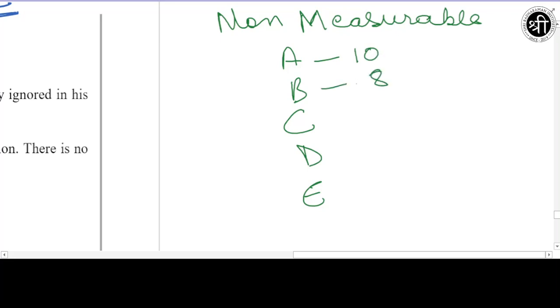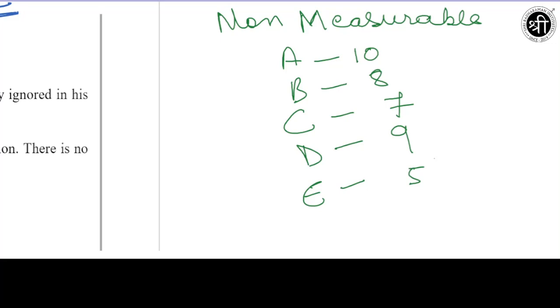B got 8 out of 10, C got 7 out of 10, D got 9 out of 10, and E got 5 out of 10. He did the worst. So we cannot say that we are actually measuring utility, but still in some manner we give a rating to it.